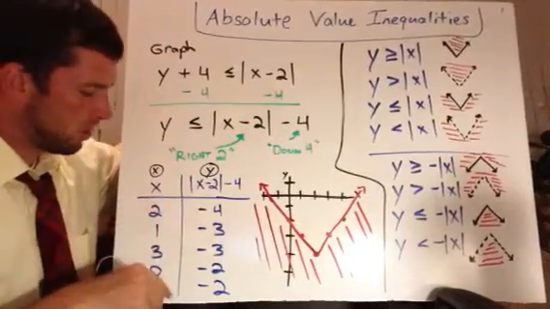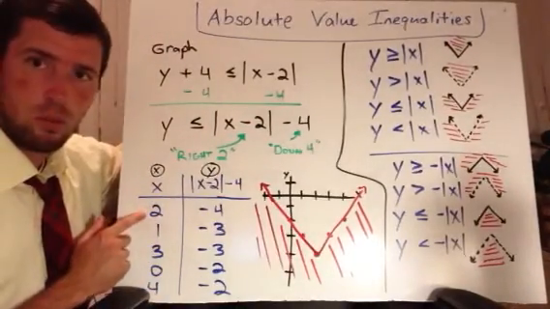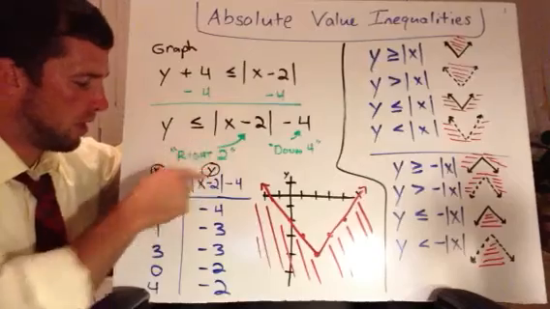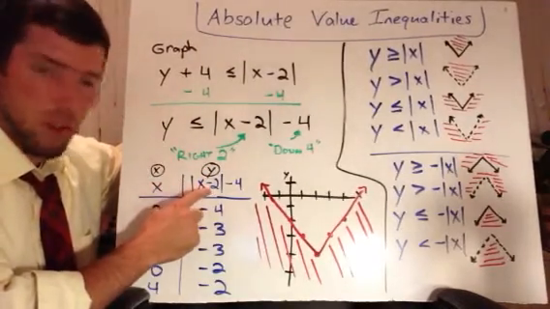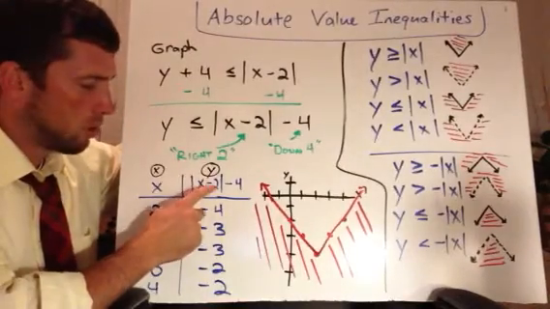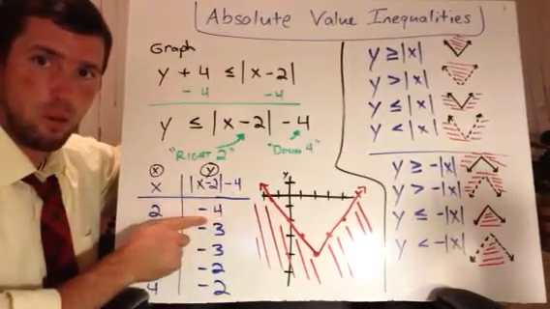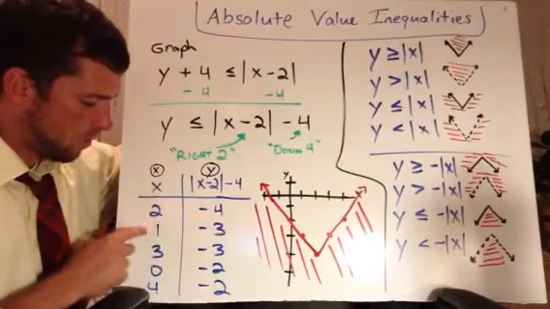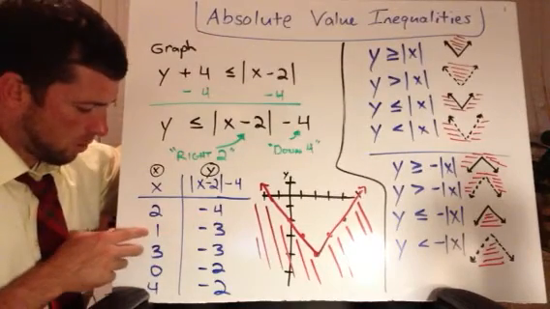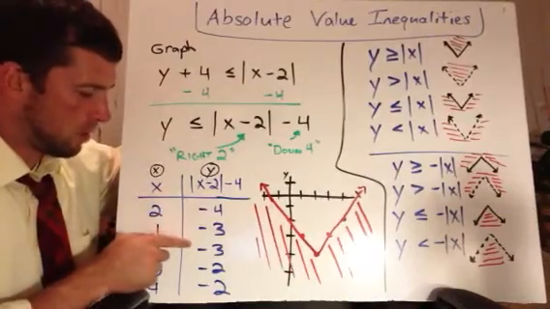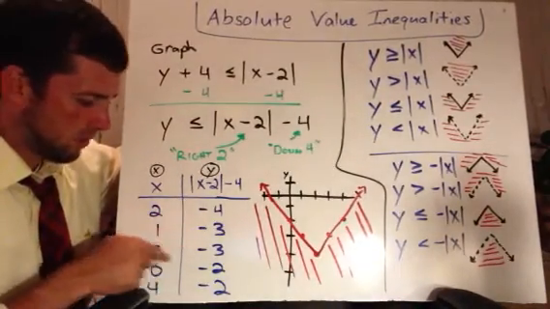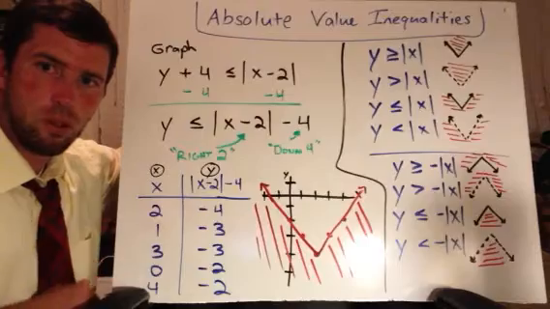So where are my points going to be? I plugged in 2, because I knew it was moving to the right 2 spots. So I plugged in 2, and 2 minus 2 is 0, and the absolute value of 0 is 0. So 0 minus 4 is negative 4. And I did that with all these points. If I plug in a 1 for x and a 3 for x, I get the same thing. In the end, I get negative 3. And the same thing goes for the 0 and the 4.